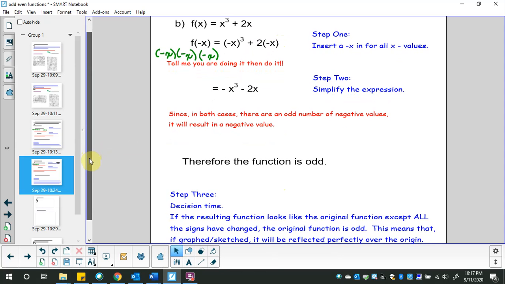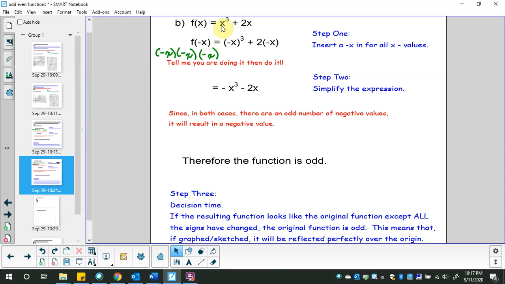If I compare this to the original, it is exactly the same as the original, except all the signs are changed. Another way to write that would be with a negative common factored out.